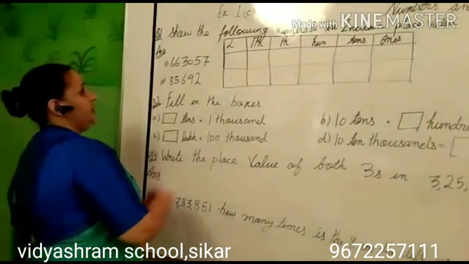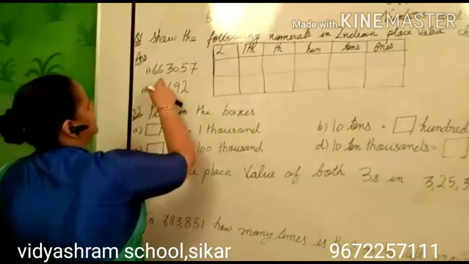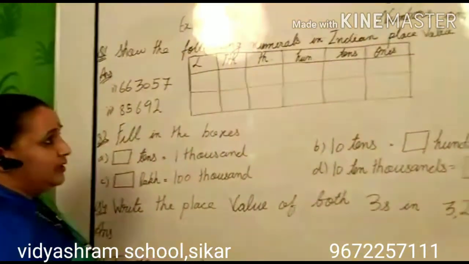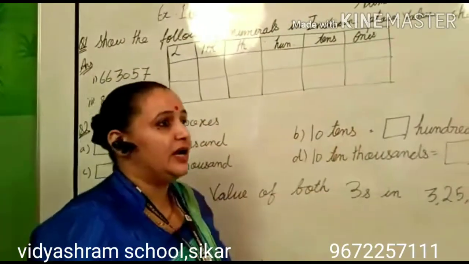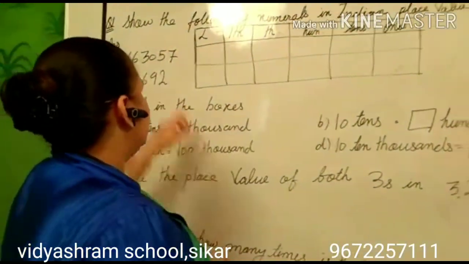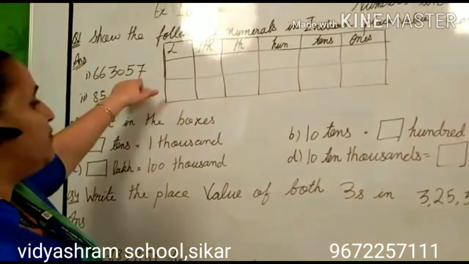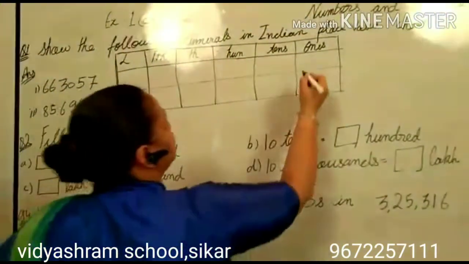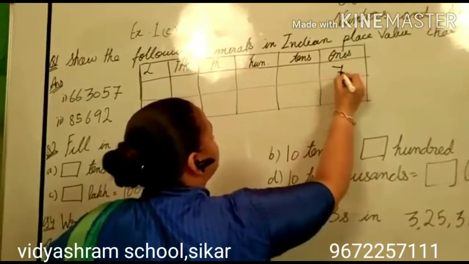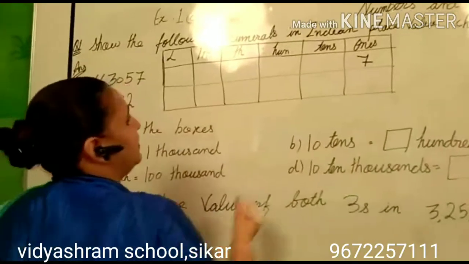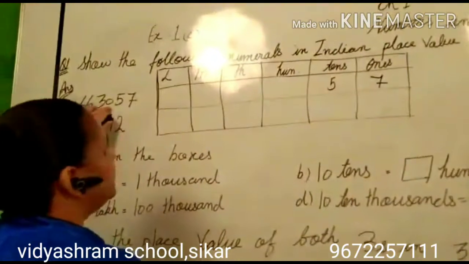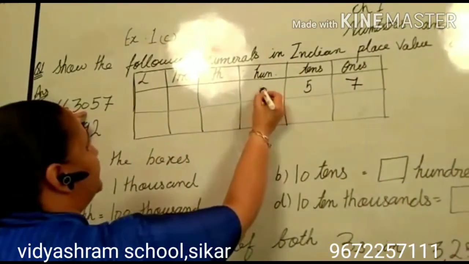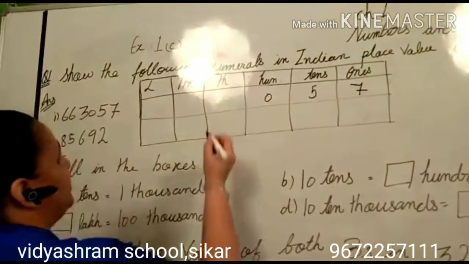Okay, number one is 663057. You have to put this number in the Indian place value chart. See here, 7 is the place of ones, so I will write 7 at the place of ones, and 5 at the place of tens. 0 is the place of hundreds, and 3 is the place of thousands.